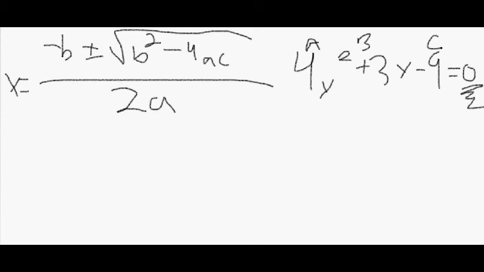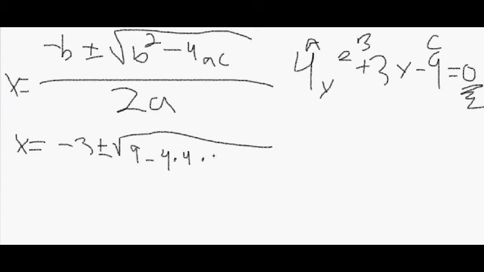I'm not going to solve it, well, maybe I will. So we have x equals negative b, which is negative 3, plus minus the square root of b squared, which is 3 times 3, which is 9, minus 4 times a, which is 4, times c, which is negative 9, over 2a, which is 2 times 4, which is 8.